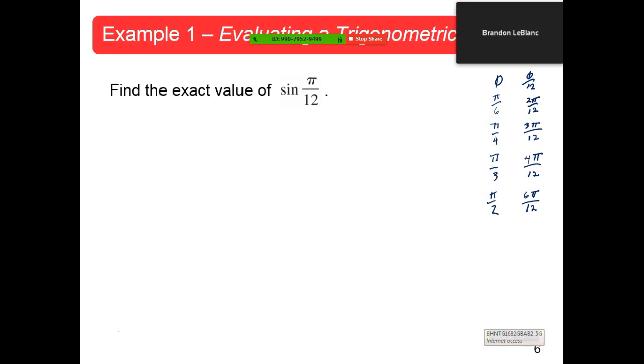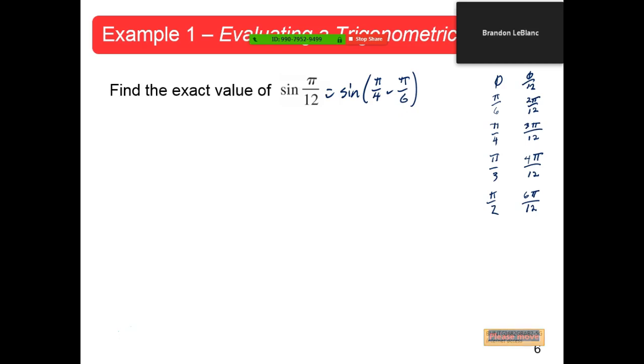I see 2. Yeah, pi fourths minus pi 6. That would be pi twelfths, right? 3 pi twelfths minus 2 pi twelfths is 1 pi twelfths. So that's the same as sine of, what do we say? Pi fourths minus pi 6. Agreed?